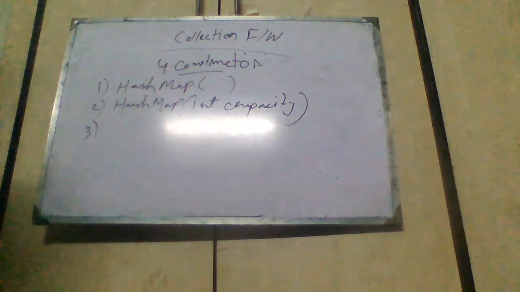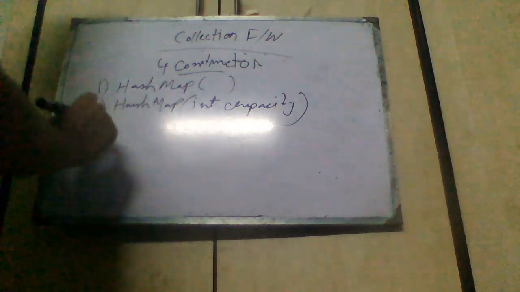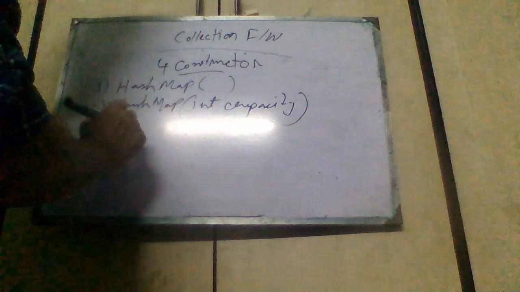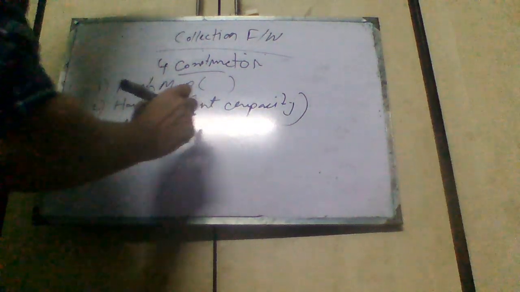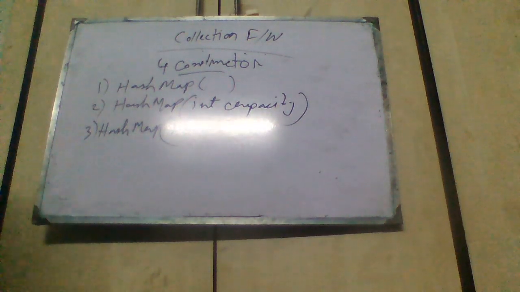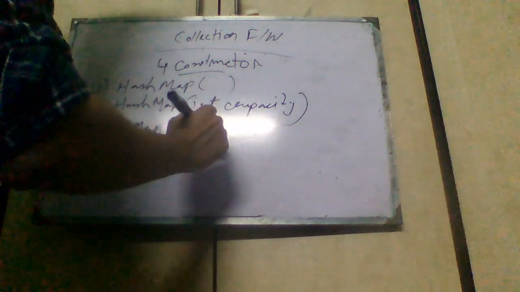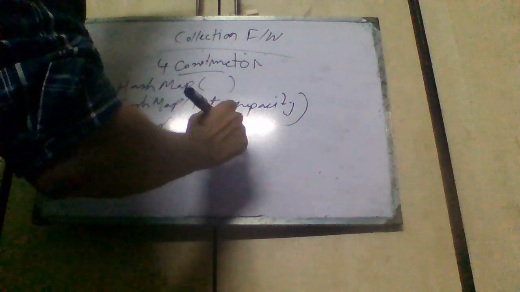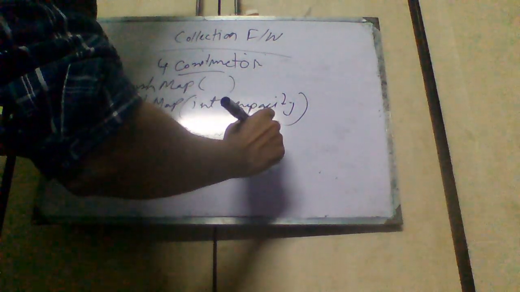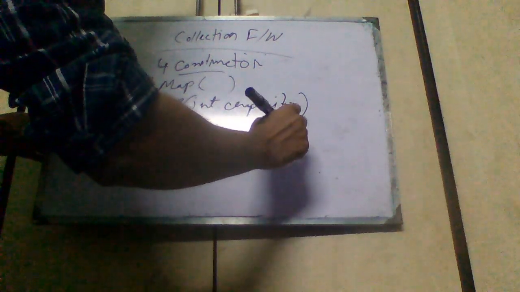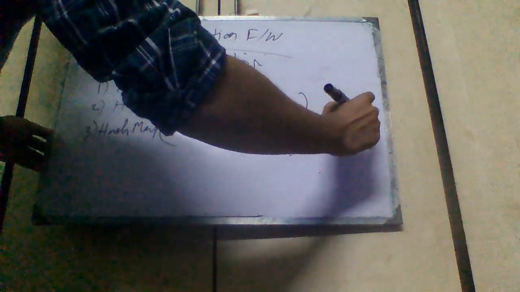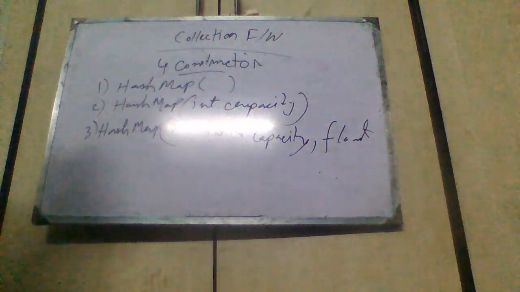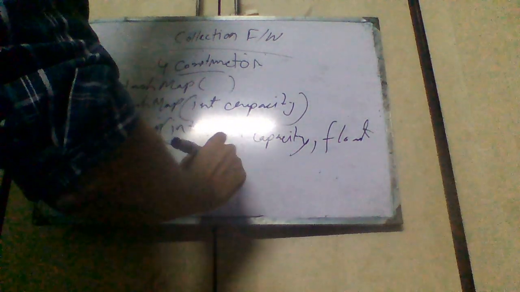Number three is HashMap with int initial capacity and float load factor.